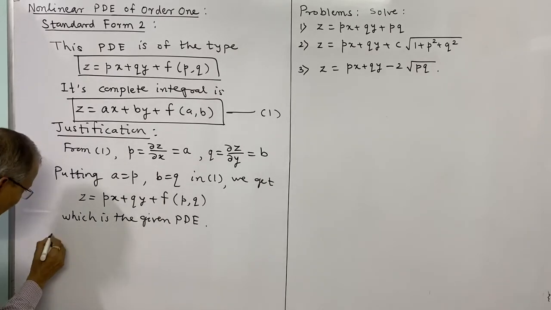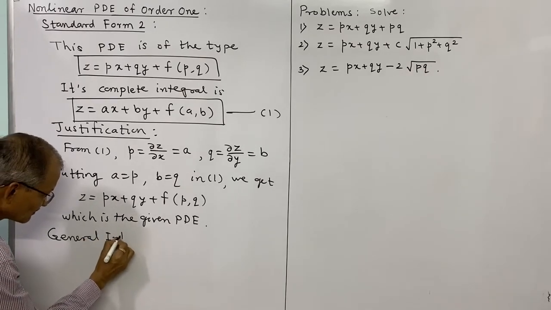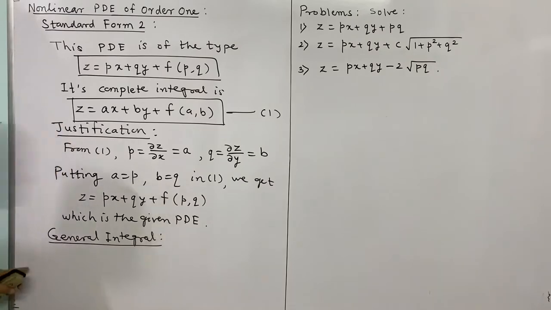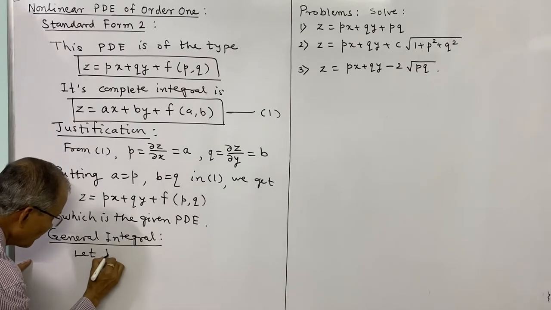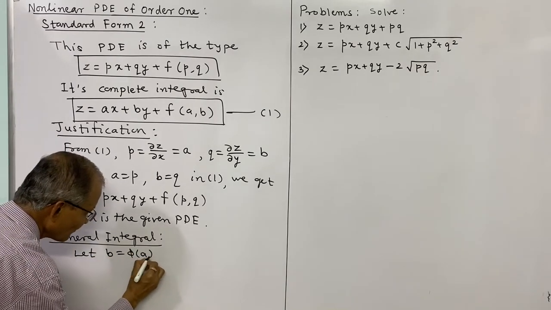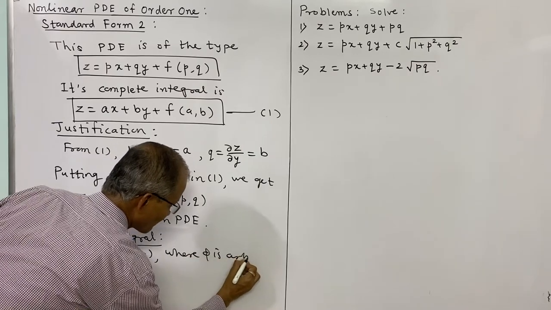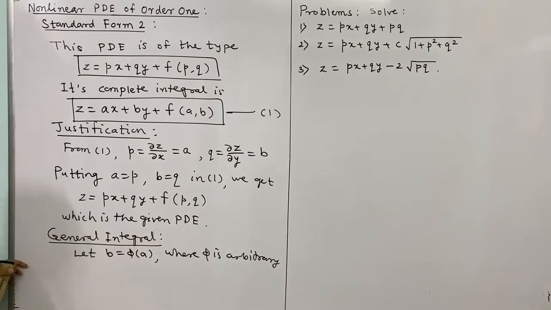To obtain the general integral, we have to consider b as a function of a. Let b be equal to phi of a, where phi is an arbitrary function. This is the same procedure that we followed for obtaining the general integral in form 1.